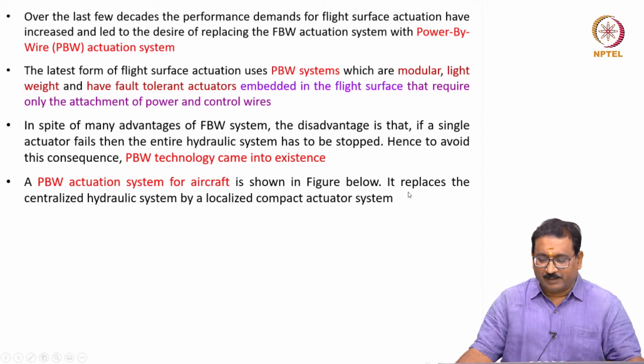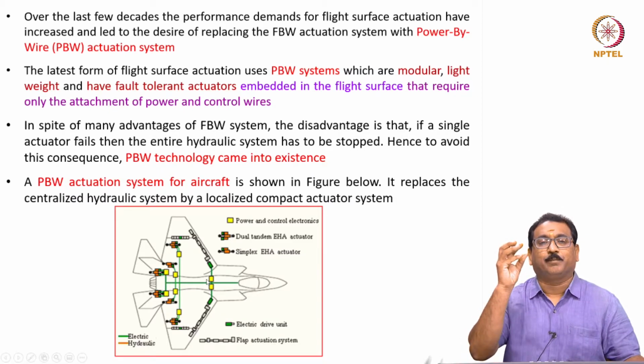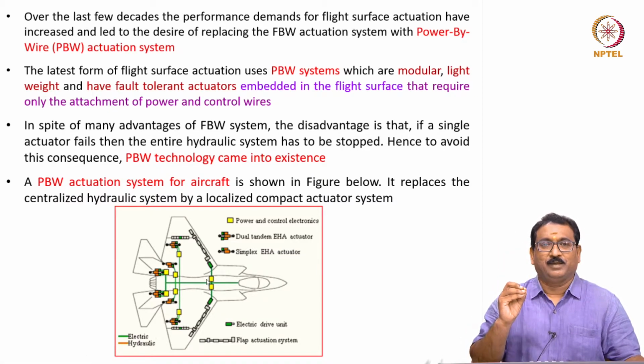The objective is to replace the centralized hydraulic system by a localized compact actuator system. You will see here there are various actuators, all having a self-contained power pack. These are also known as pipeless technology.